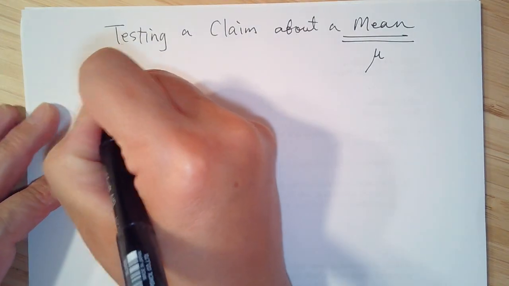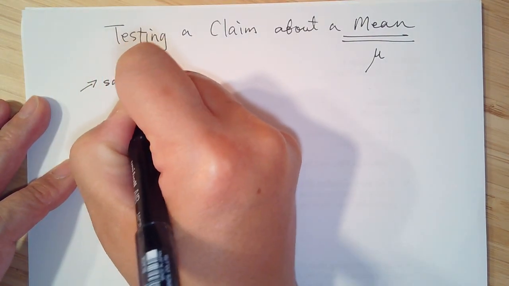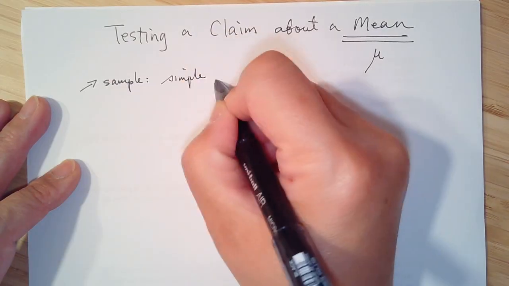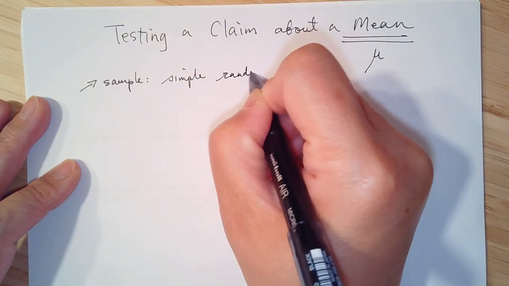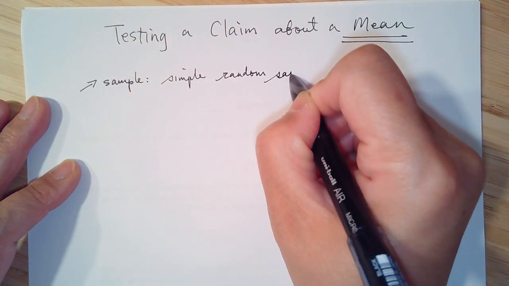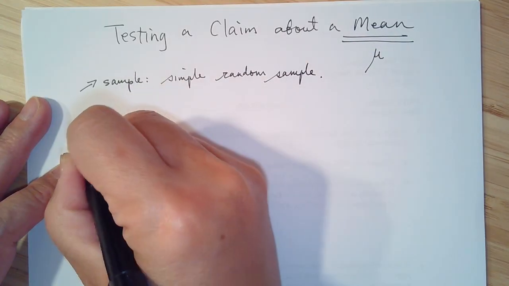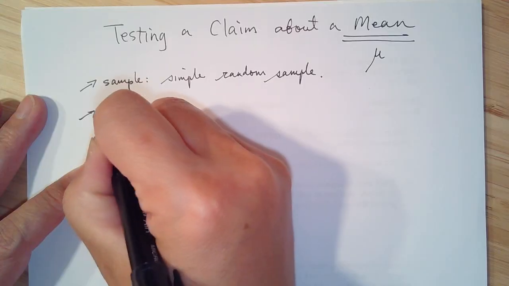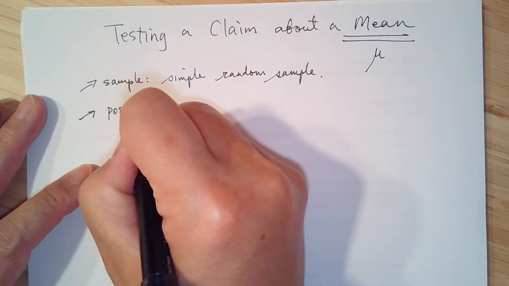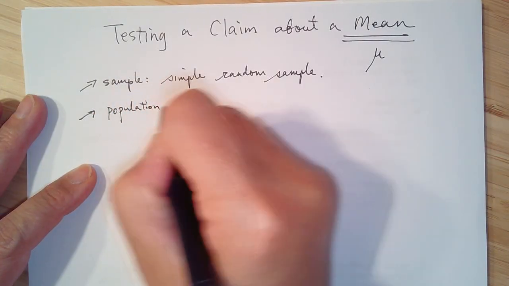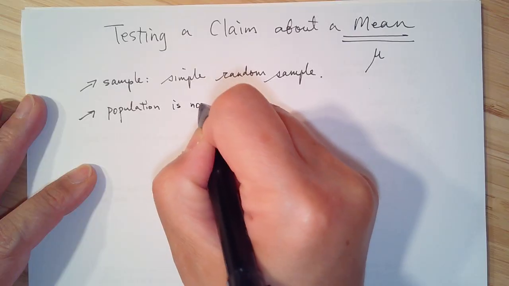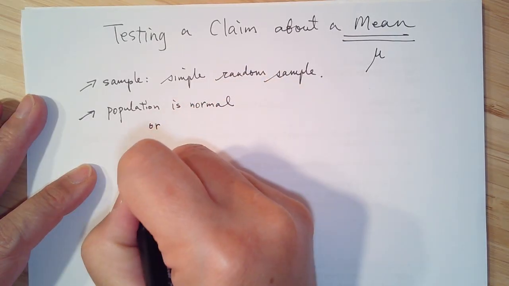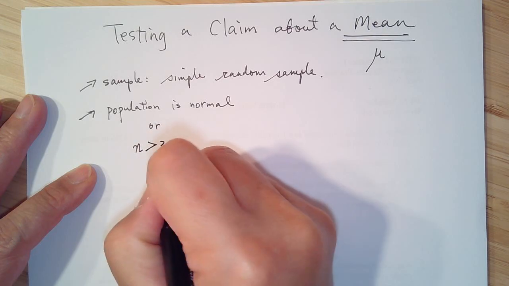Now again, there are two requirements. The first one, the sample has to be a simple random sample. And the second one, either the population is normal or n is greater than 30.